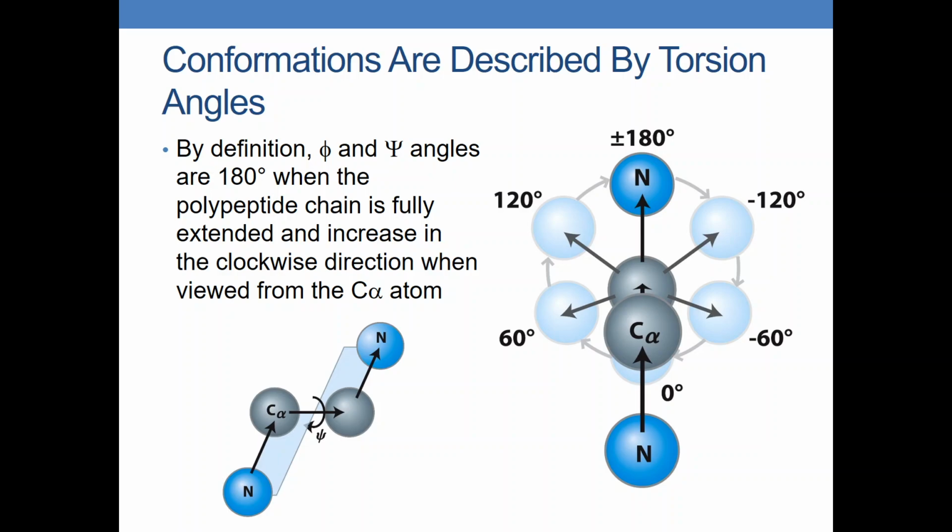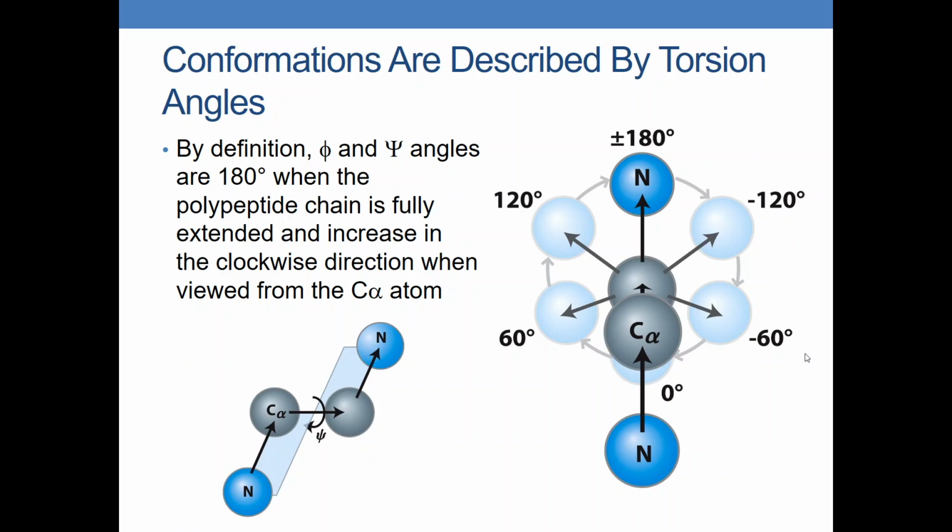So psi, remember, is the covalent bond that connects C alpha and carbonyl carbon. It is also a dihedral angle that represents the angle at the intersection of these two planes formed by adjacent peptide bonds. Okay, so looking at psi as an example, both psi and phi angles are going to be 180 degrees when the polypeptide chain is fully extended.